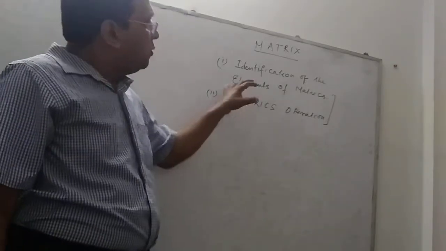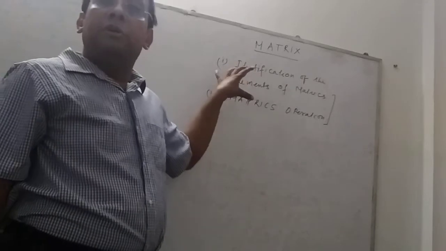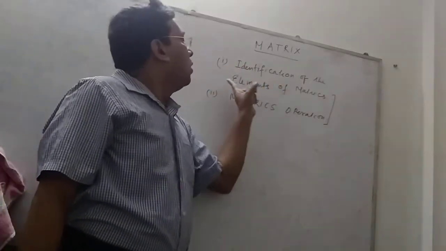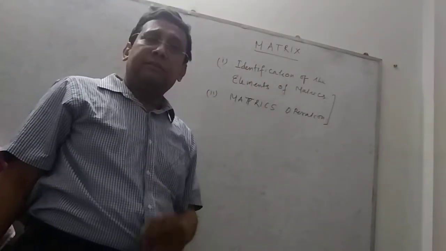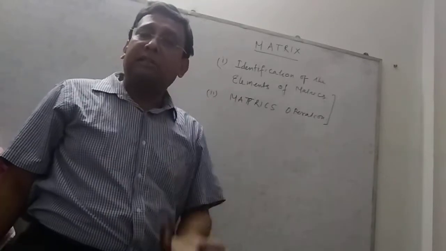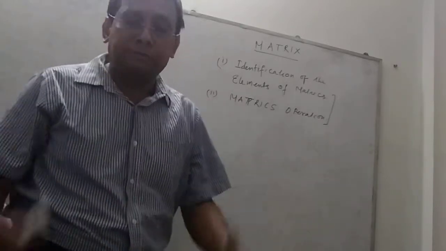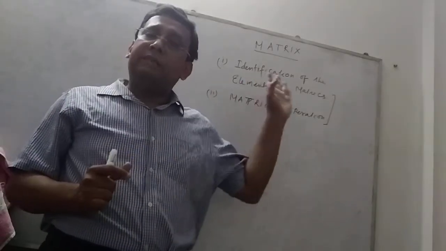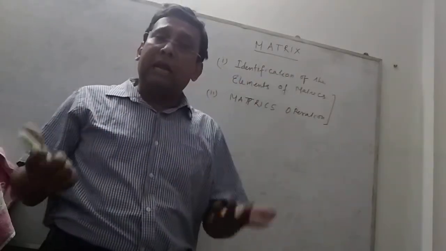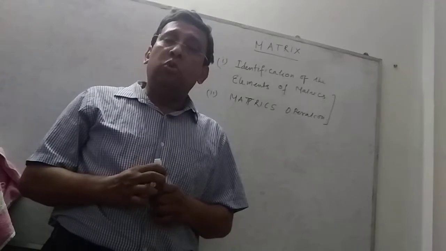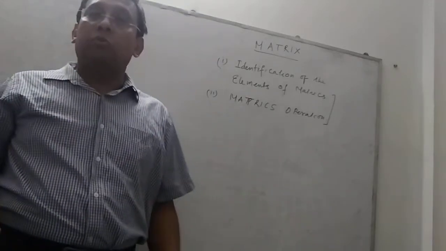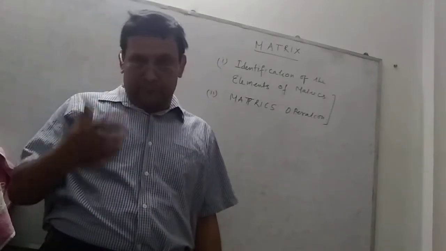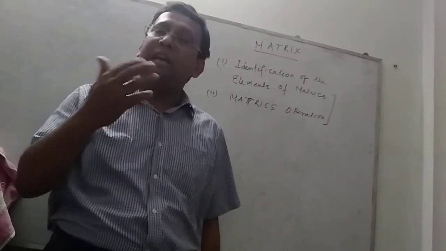Now, before we start the identification of the elements of the matrix, first of all, let us try to understand what is a matrix. See, in class 6, 7, 8 onwards, directly or indirectly, we are actually doing matrix without knowing. That is, we are forming so many tables.